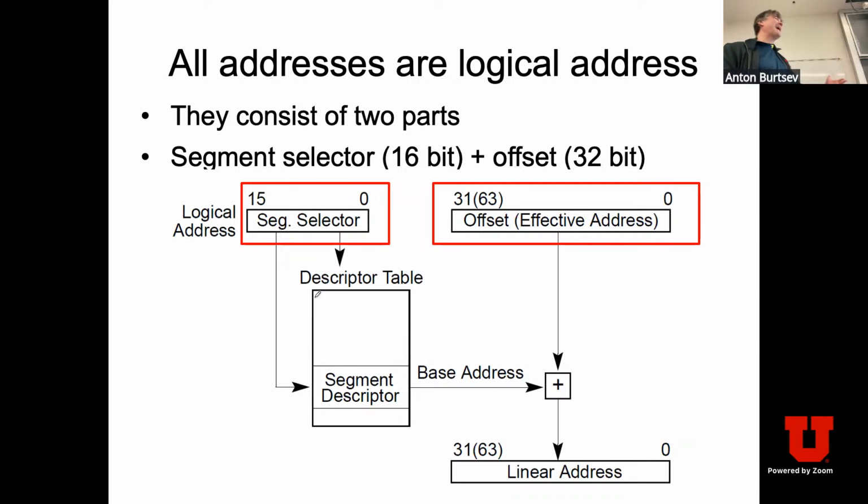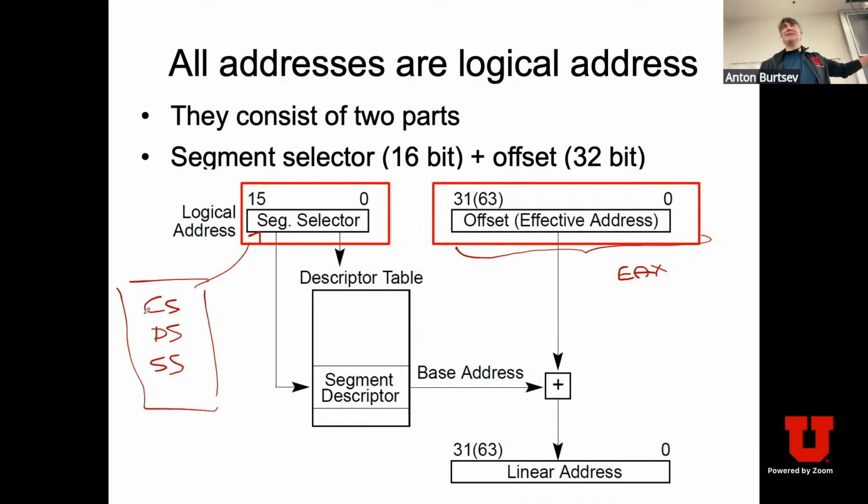So now all addresses are logical addresses, but a logical address consists of two parts. One part is the effective address. That's the actual thing which you put in a register, like EAX, for example. And the second part of this logical address is in a segment selector register, like CS or DS or SS. Those are different registers, outside of those 8 registers which I was talking about. Those are new registers, which we've never seen before.